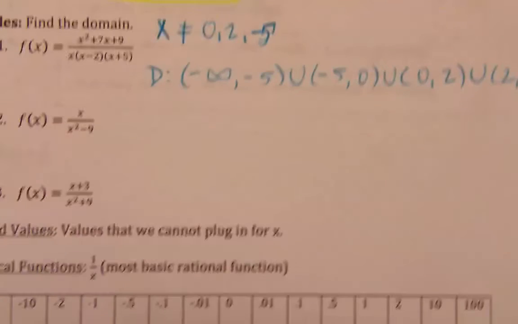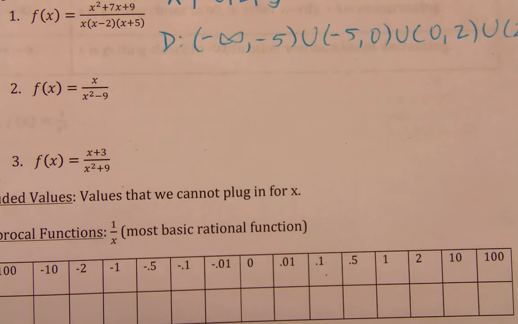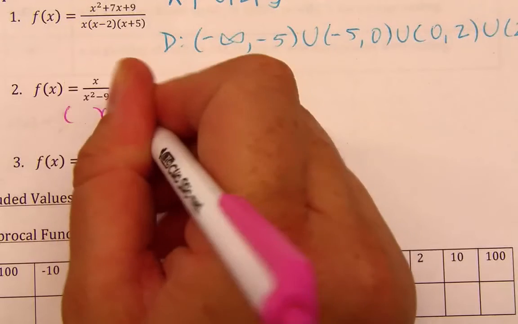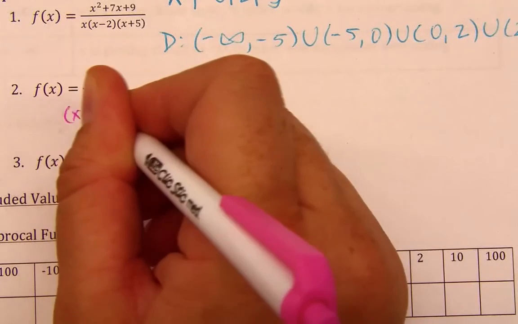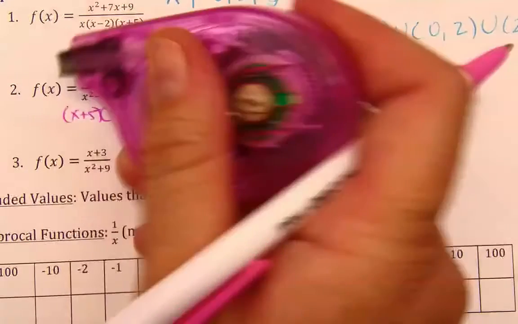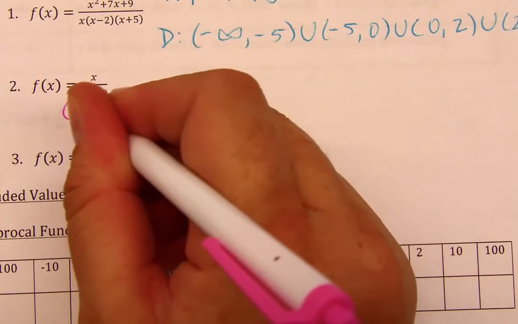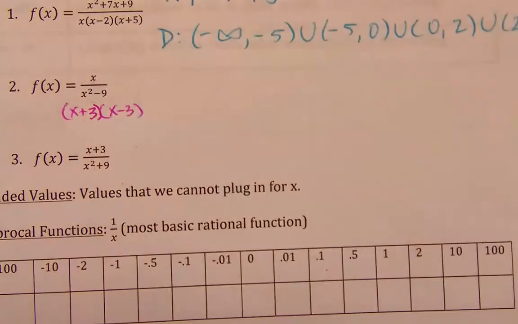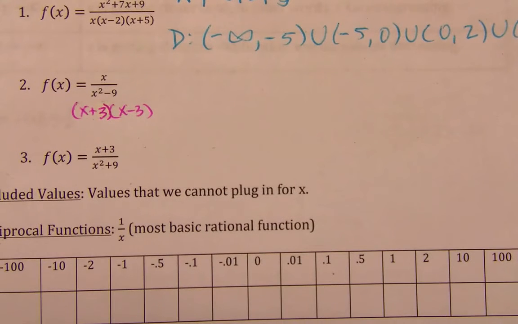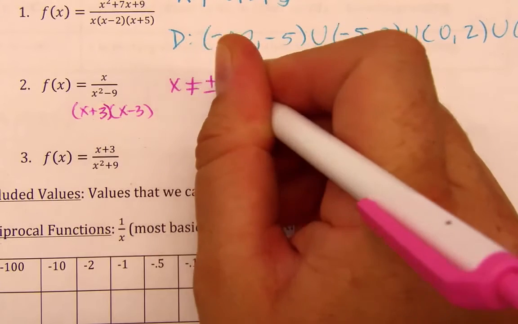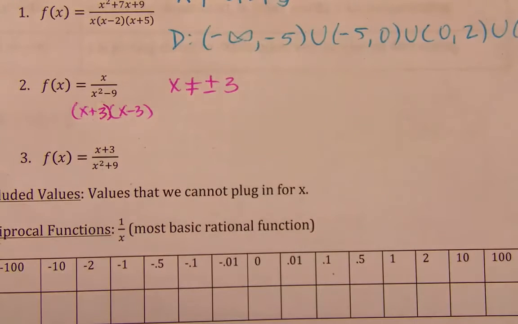Now we can look at the next example. This one's not factored for us yet, so we need to factor the denominator. Thankfully, this one's pretty easy to factor. So we have x plus 3 and x minus 3. So we know that x cannot be equal to positive or negative 3.